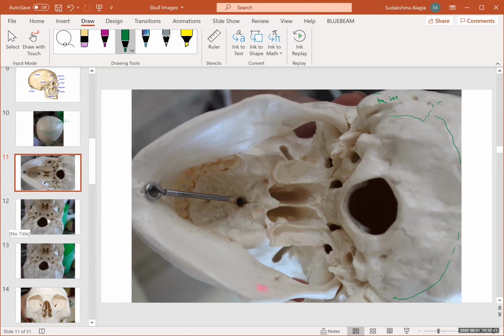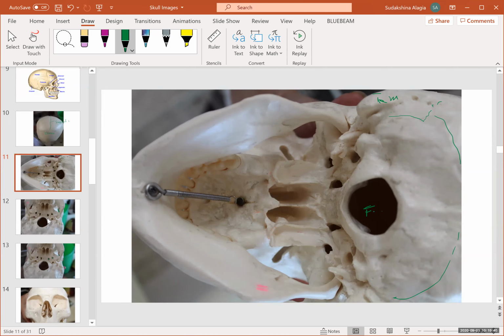Keep in mind, occipital condyle is for articulation. So they look like bulges, rather smooth bulges. Foramen magnum is the foramen through which your vertebral column and eventually your spinal cord connects with the brain. Magnum meaning large. You can't miss that right there.